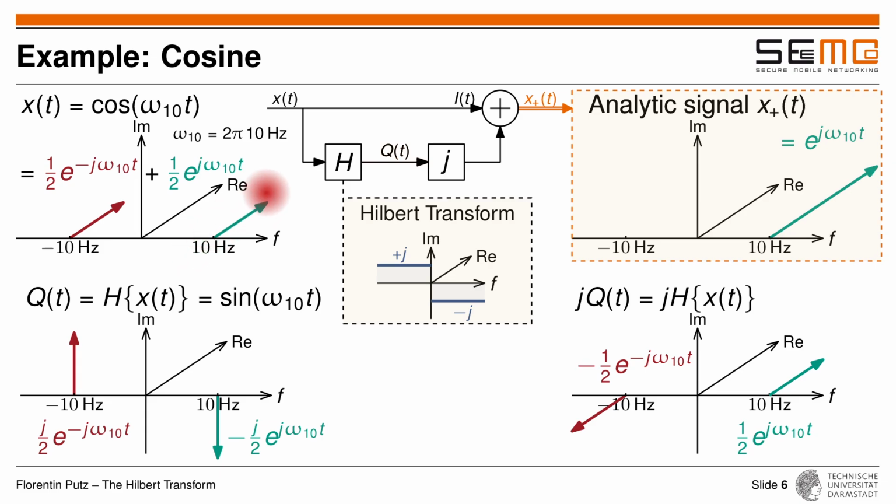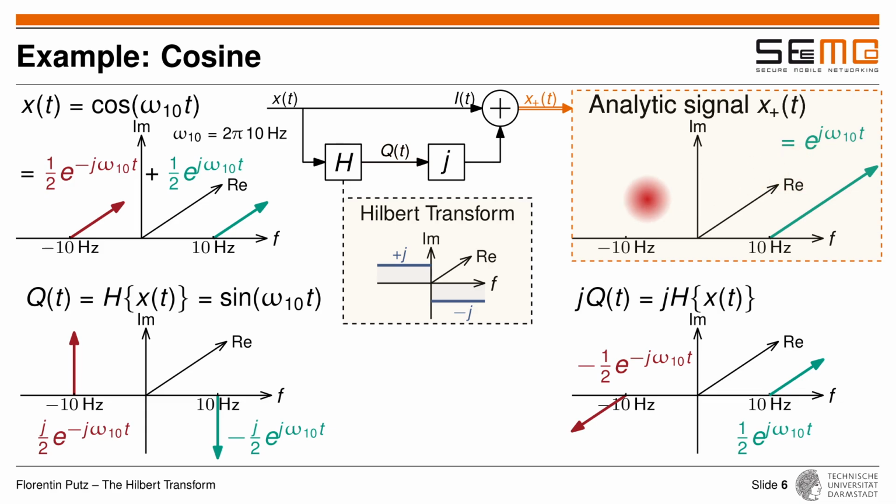First the positive part, and we have two phasors that point in the same direction at the real axis, and we sum them and get a larger one that also points at 10 Hertz in the real axis. And both components had a magnitude of 1/2, so the sum of those will have a magnitude of 1.